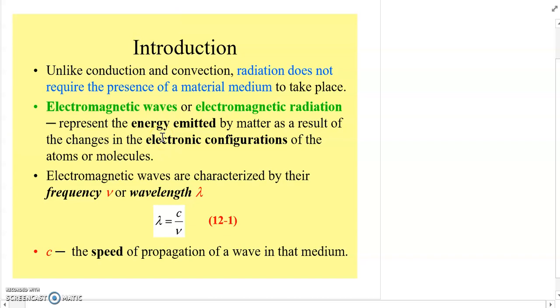It represents the energy emitted by matter as a result of changes in the electronic configuration of the atoms or molecules. For waves, lambda is equal to c, the speed of propagation of a wave in that medium, divided by the frequency v. But normally the question will straight away give you the lambda.